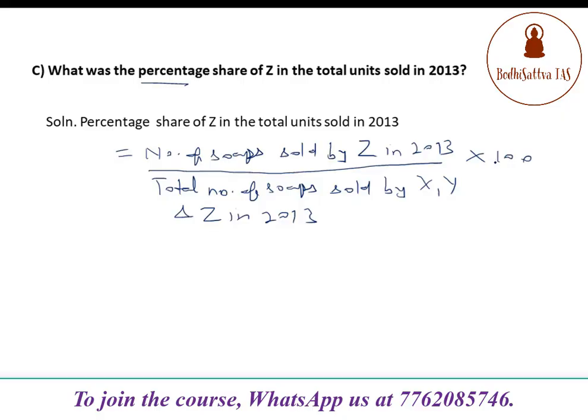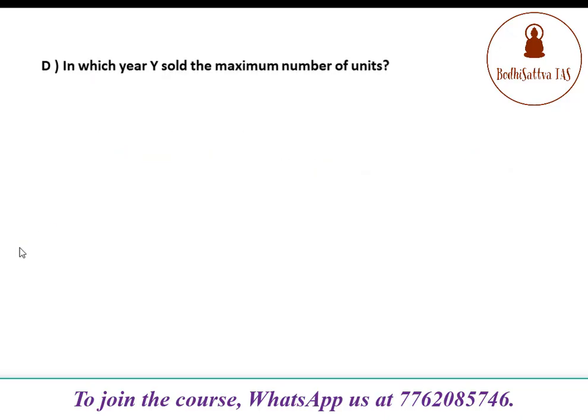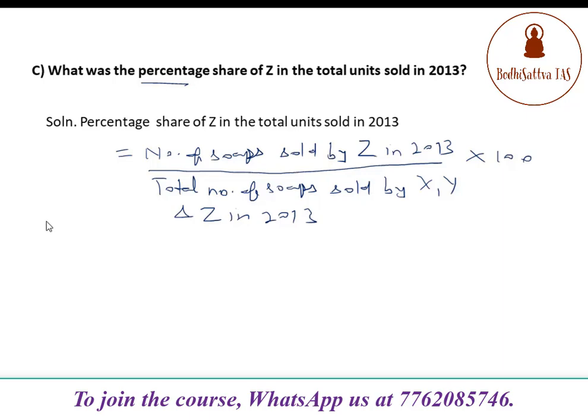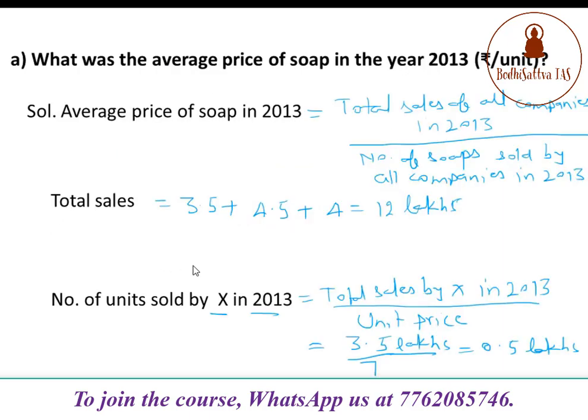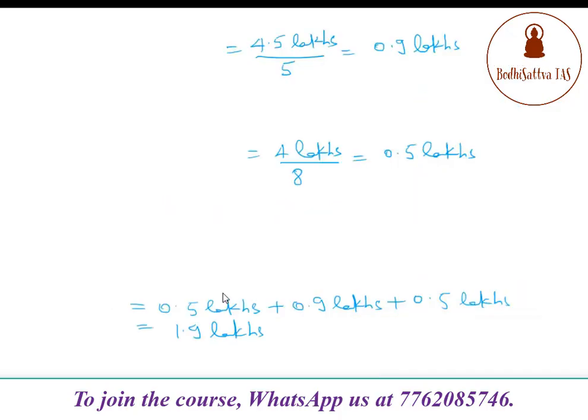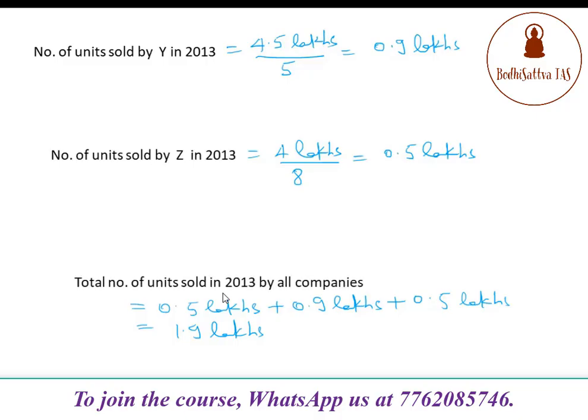So from part A, we know the number of units sold by Z in 2013 was 0.5 lakhs.